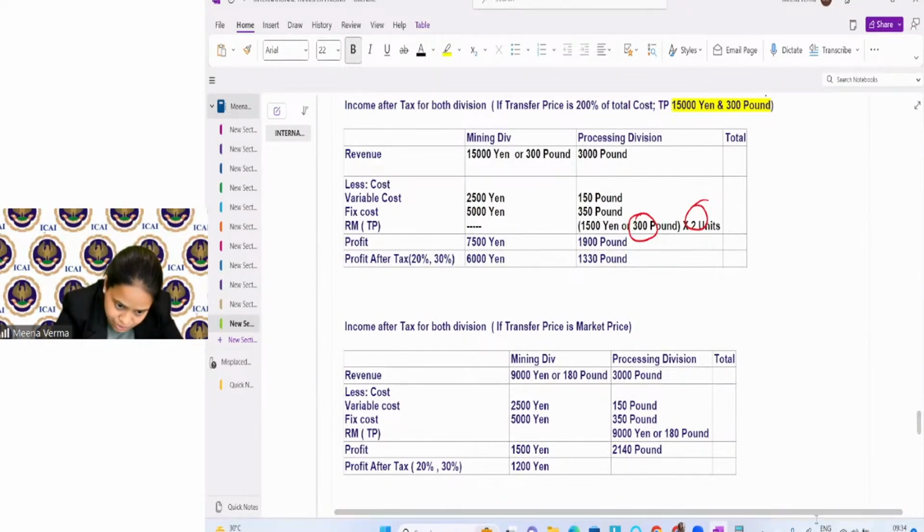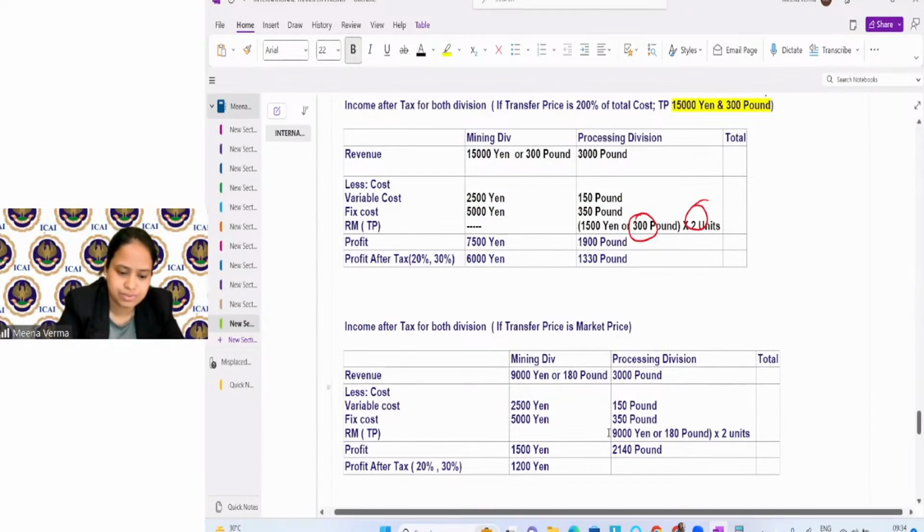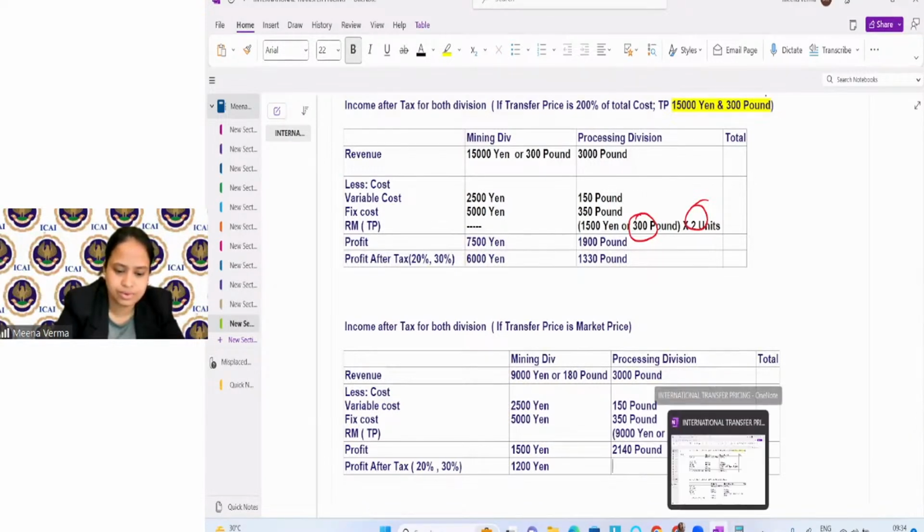Okay, let me do one thing. We have to multiply it with 2. I have taken 180 two times, right? Because we use 2 units for the production. And divided with minus 30%.